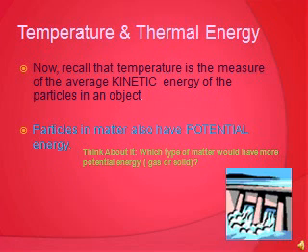That's usually a thermometer. The SI unit for temperature is Kelvin, represented by the symbol K. Other units that you are more familiar with when measuring temperature include Celsius, represented by degrees Celsius, and Fahrenheit, represented by degrees F, or degrees Fahrenheit.